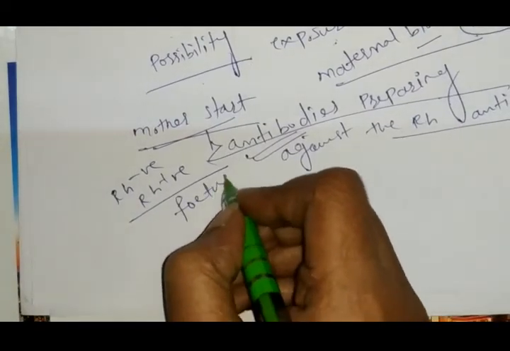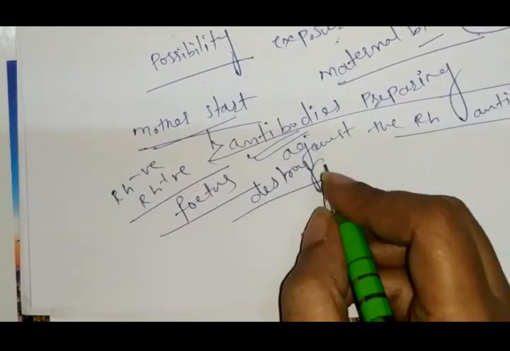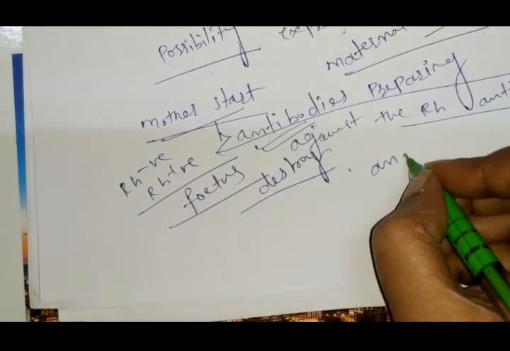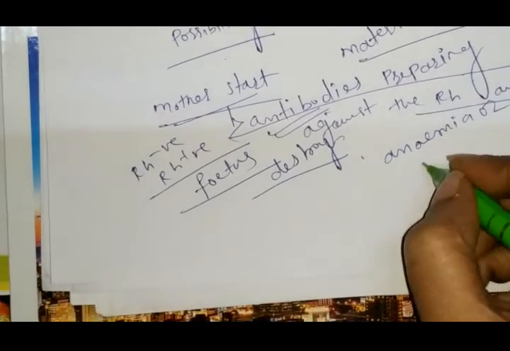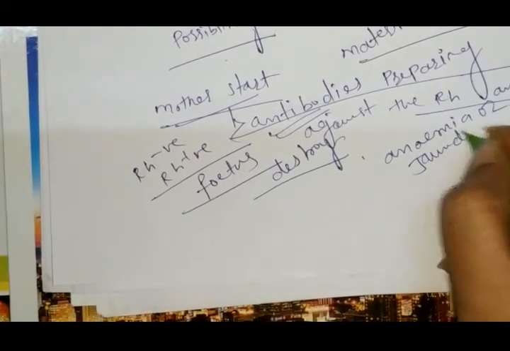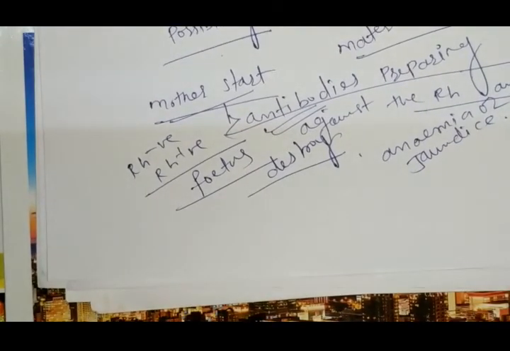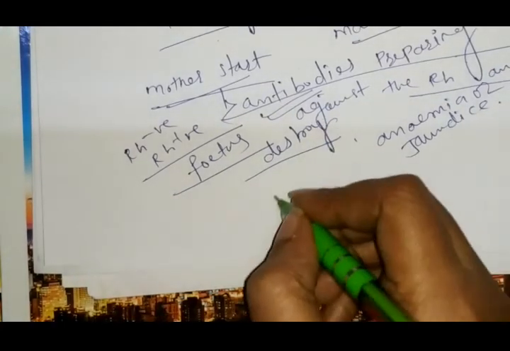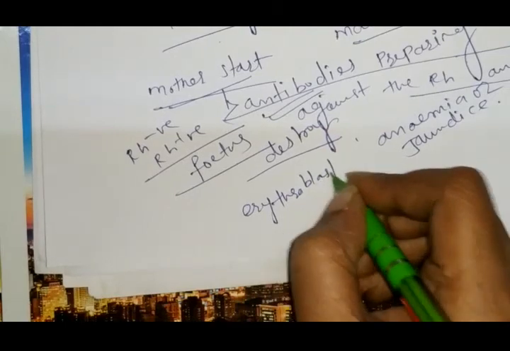The fetus's RBCs are destroyed, and due to this the fetus suffers severe anemia or jaundice. This condition is called erythroblastosis fetalis.